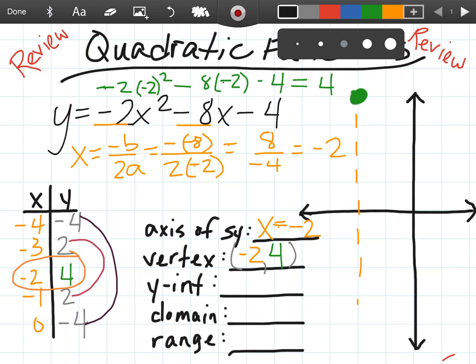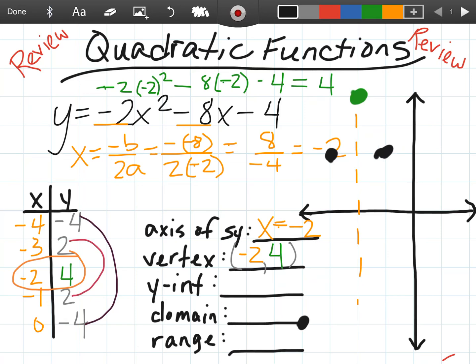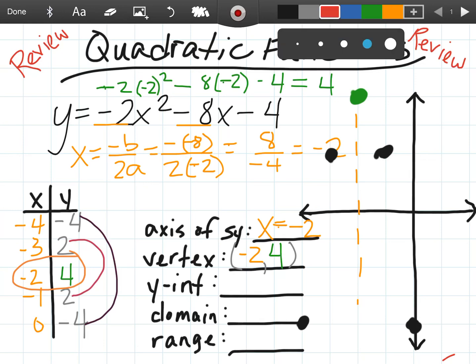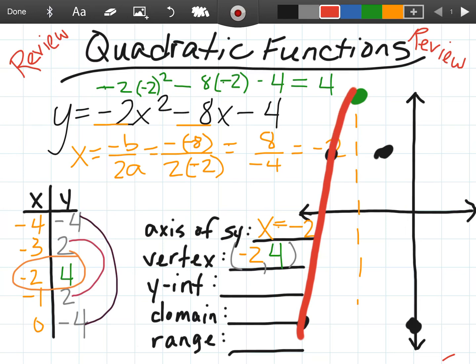Now my other values are a negative 4, which is right there, negative 3, 2, negative 1, 2, and 0, negative 4. And here is what this picture looks like. Alrighty, so that's what our function roughly looks like.